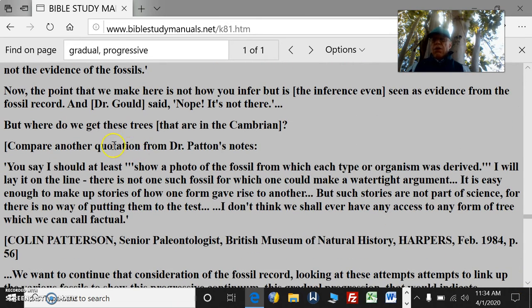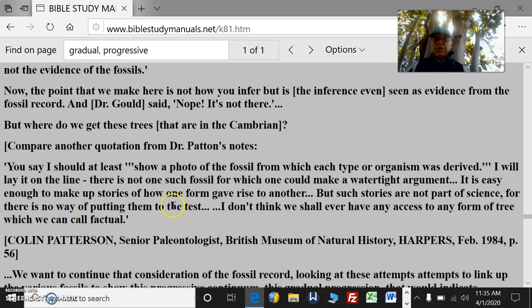So where do we get these trees that are in the Cambrian rock strata? Compare another quotation from Dr. Patterson's notes. "You see, I should at least show a photo of the fossil from which each type of organism was derived. I will lay it on the line. There is not one such fossil for which one could make a watertight argument.